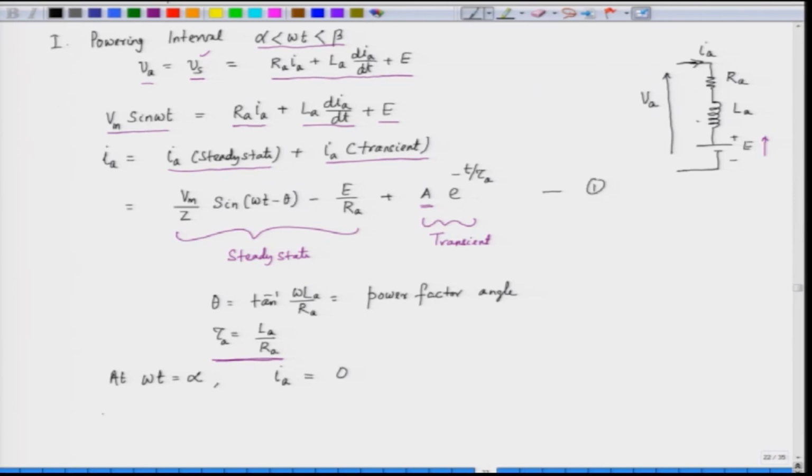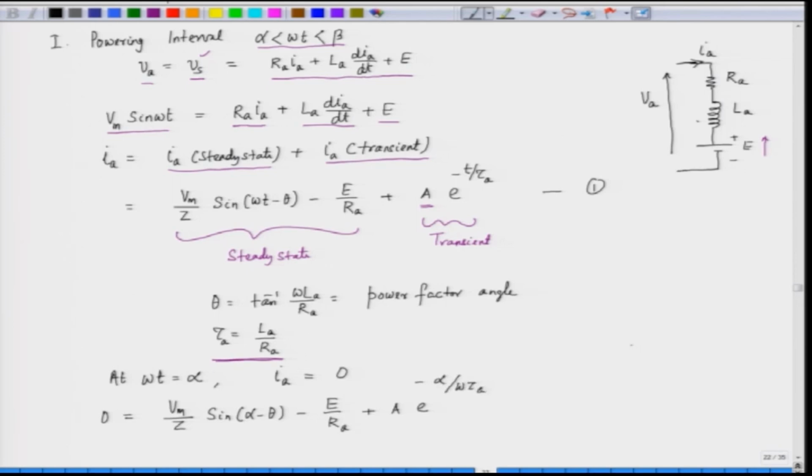So, what we get here is 0 is equal to Vm by Z sin(alpha minus theta) minus E by RA plus A exponential, where omega t is now alpha, so we call this alpha by omega tau A.